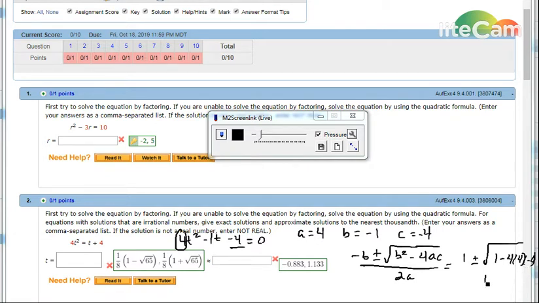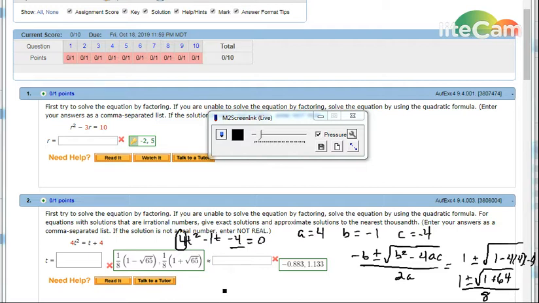So this is going to be 1 plus 64. So that's the square root of 1 plus 64. So the square root of 65, and this is all over 2 times 4, and 2 times 4 is 8. So here is this.